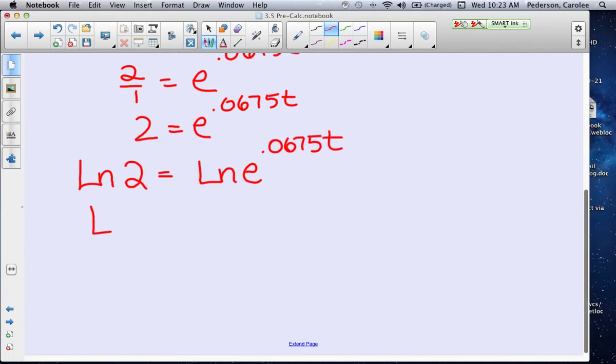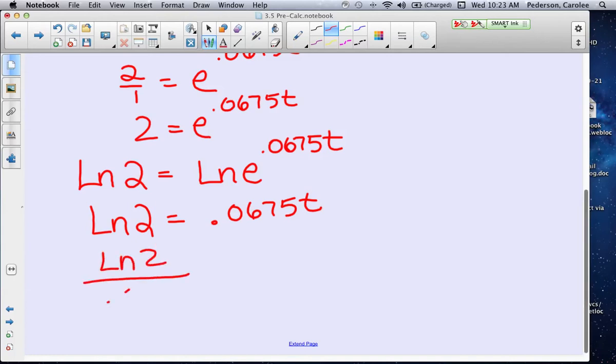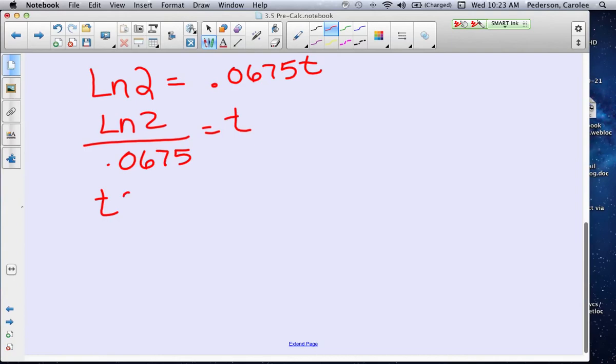I'll be left with the natural log of 2 on the left. The natural log and the e will cancel out, and I have 0.0675t. What's the last step? Divide by that decimal. The natural log of 2 divided by 0.0675 equals the time. Then you would enter that into your calculator.